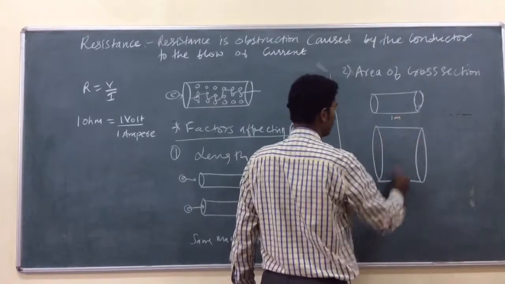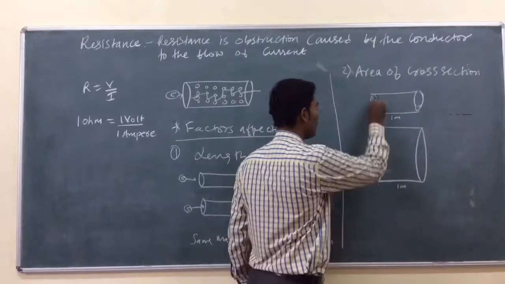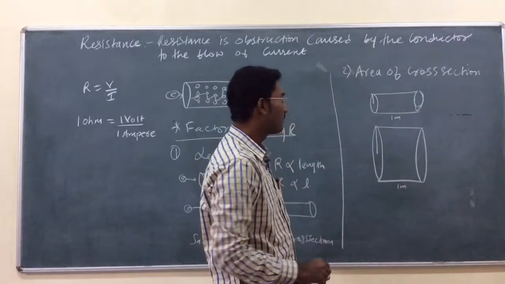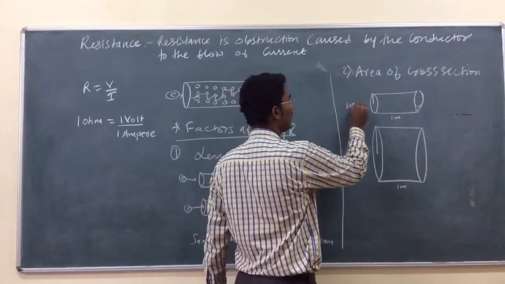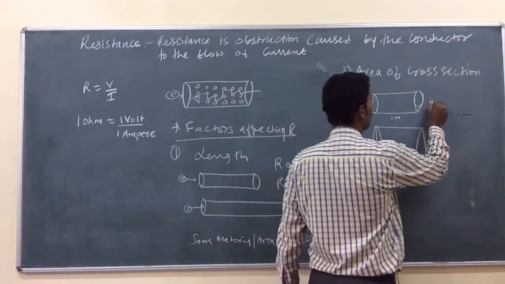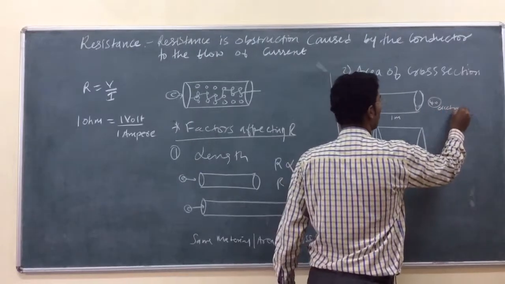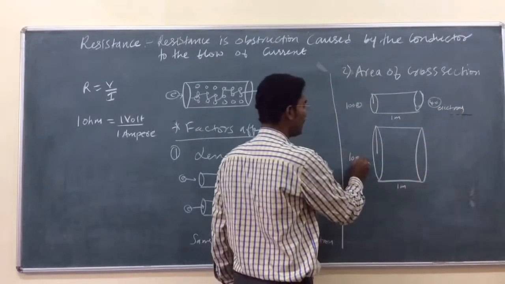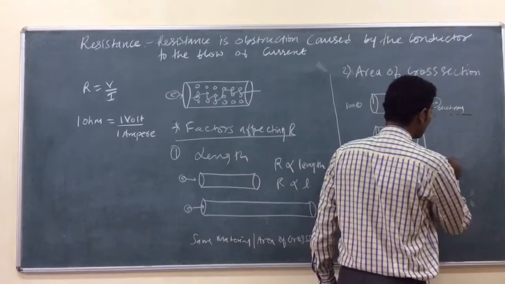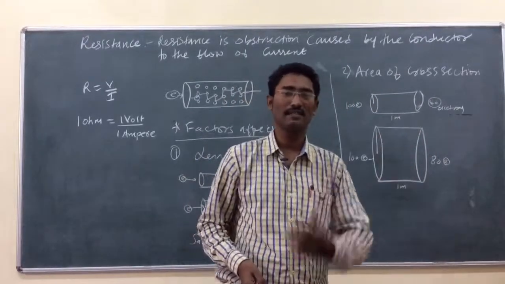Length is 1 meter, but the area of cross section is bigger in this one. Suppose 100 electrons are trying to enter through this, and 40 electrons come out of the other end, and if 100 electrons are allowed to pass through the other, approximately 80 electrons will come out. This is approximate, just an example.